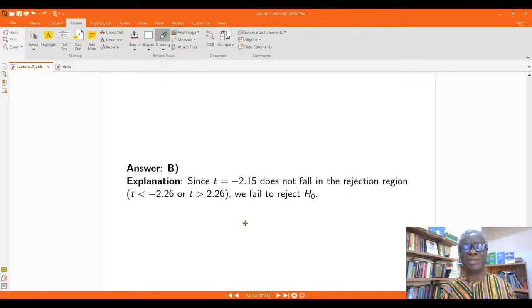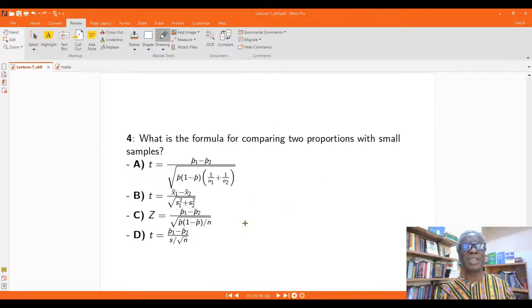It means the evidence is not strong enough to reject H naught.